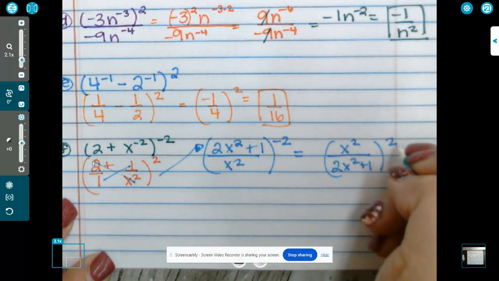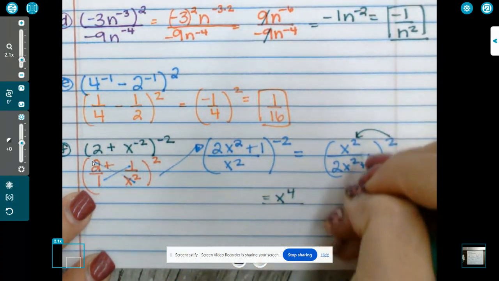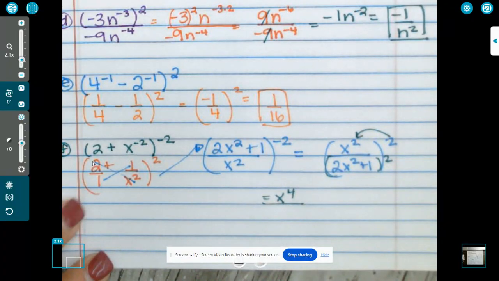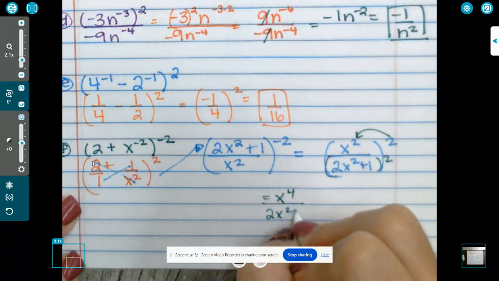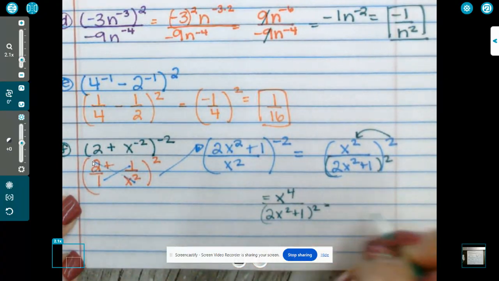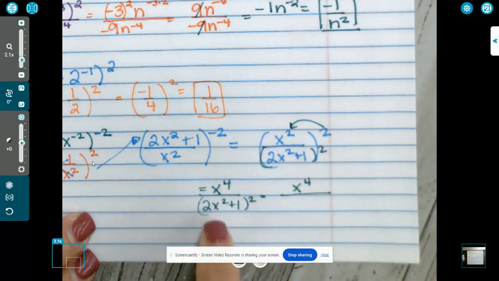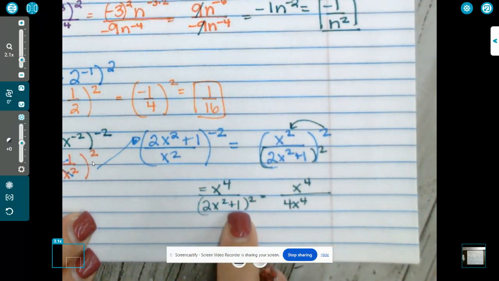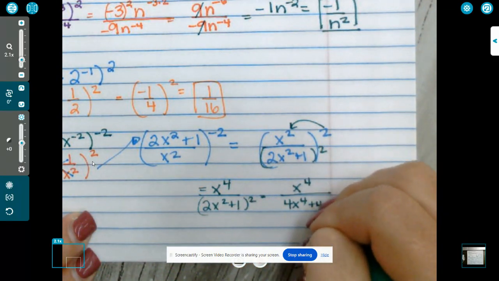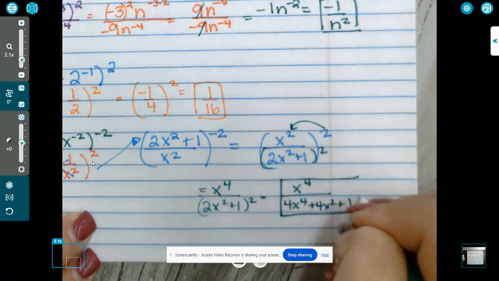I can square x squared and get x to the 4th, and I can square 2x squared plus 1. Because we can all multiply really fast, square this, that's 4x to the 4th. Multiply it together, that's 2x squared times 2 is 4x squared, and then square 1 is 1. And here is your answer.